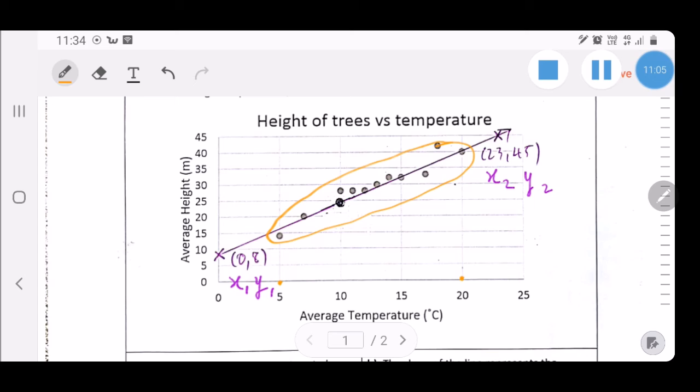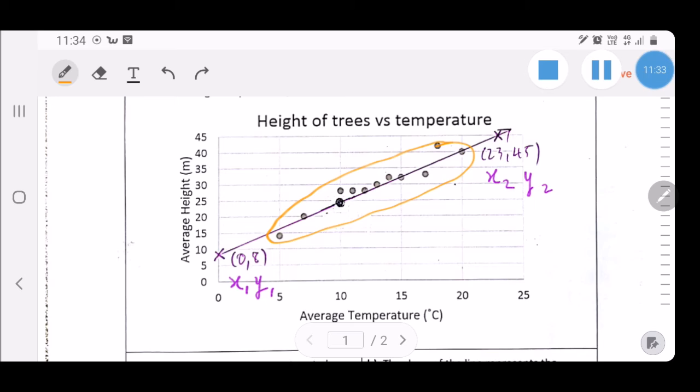Now, along the vertical axis, these values start at about, I don't know, 13 or 14 meters and go up to about 41, 42 meters. So the data that we used to construct our linear equation was bounded both in the horizontal and the vertical axes, okay?